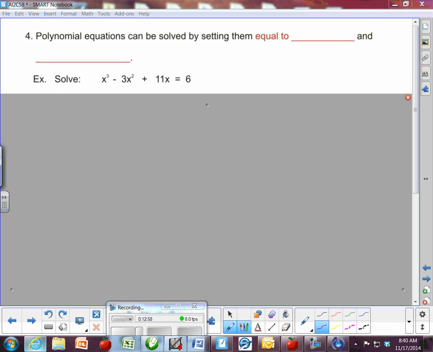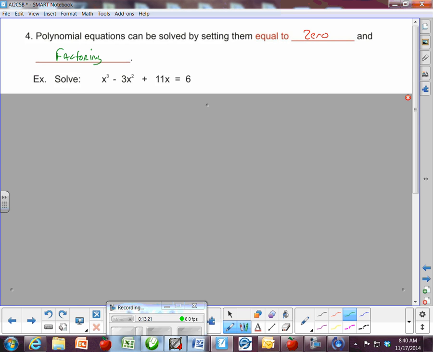All right, so number 4. Polynomial equations can be solved by setting them equal to 0 and factoring. Just like quadratics, right?